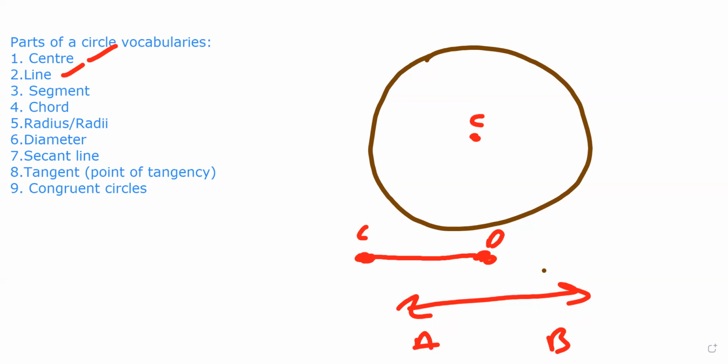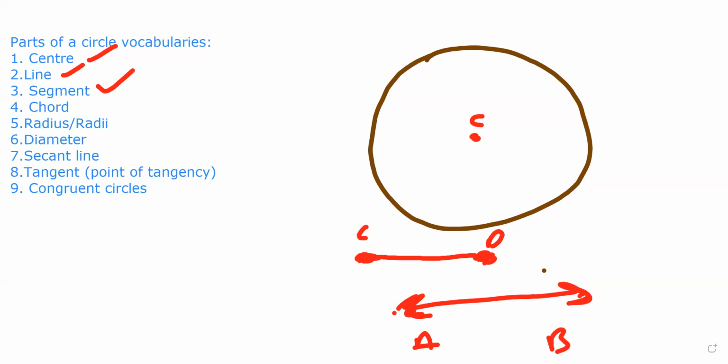If you compare it with this line AB, you realize that the line has infinite ends, while this has two endpoints. The line continues on, while the segment does not. That's the difference between the segment and the line.